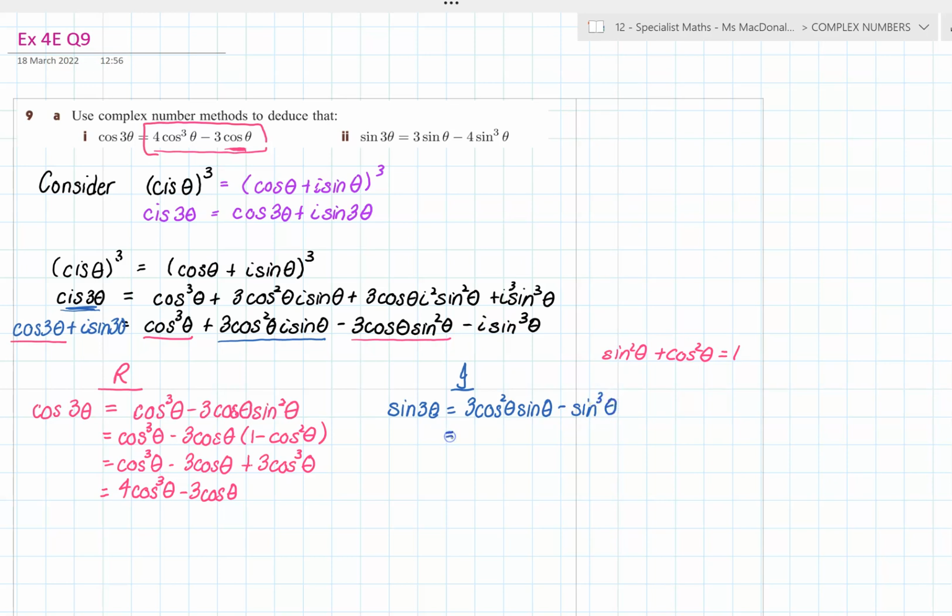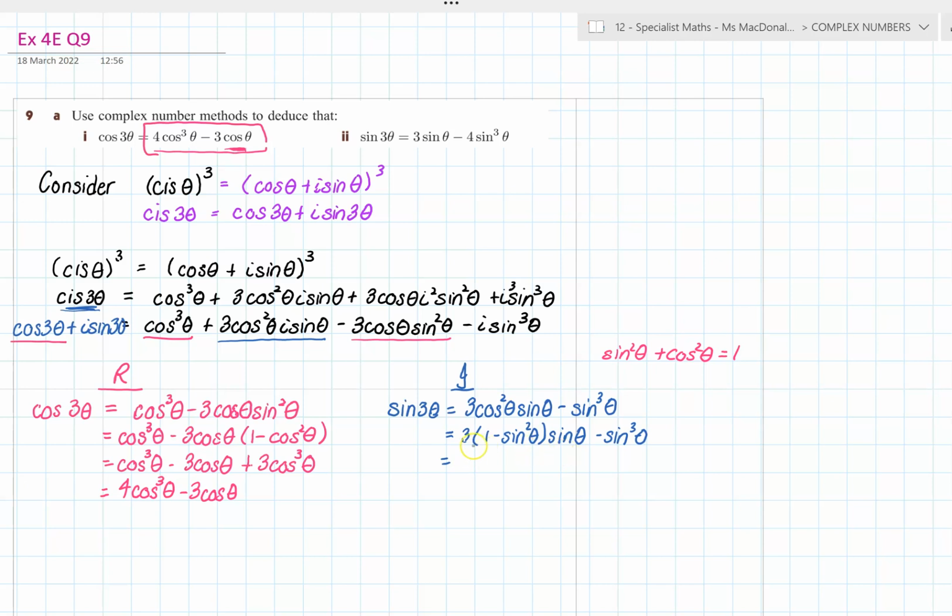And like we did with the last question, we'll just replace cos² with 1 minus sin².